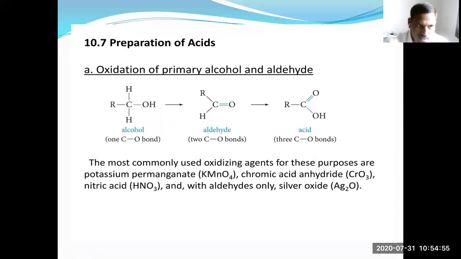So you can prepare carboxylic acids from primary alcohols. Primary alcohols undergo oxidation with oxidizing agents, you can get the aldehydes, and these are converted into carboxylic acids.